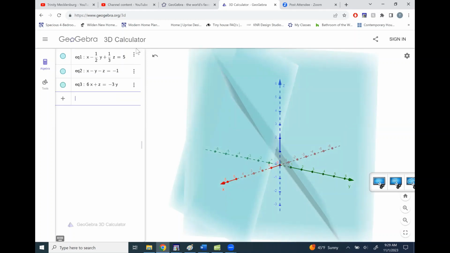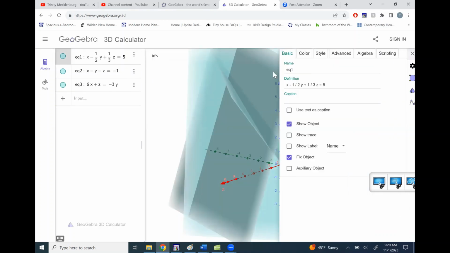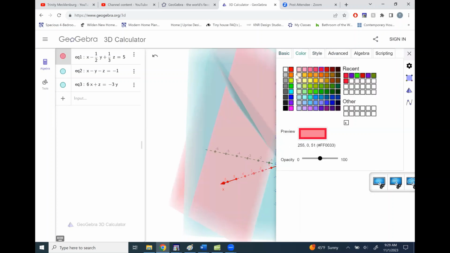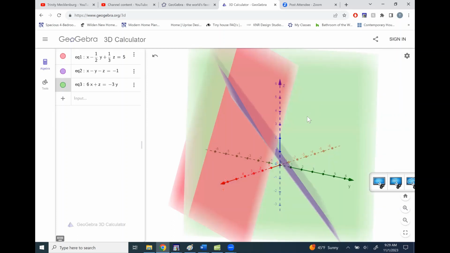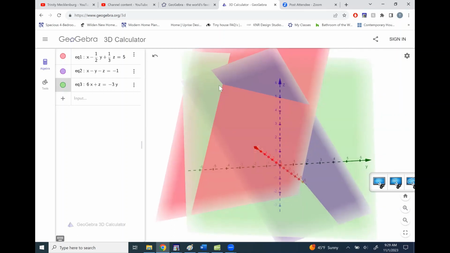Okay, let me change the colors on these guys so we can see some contrast. Okay, so there's a great view of the point, huh? And so got 1, -4, 6, and that showed up right. So I was wrong on my notes. I'm right today. All right, so it looks good.